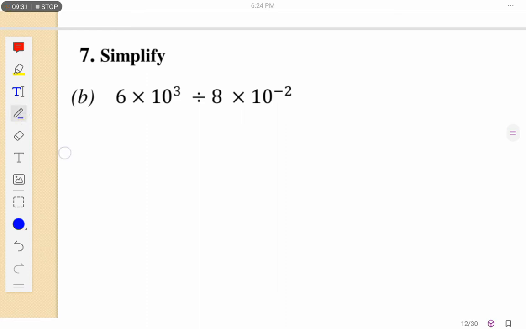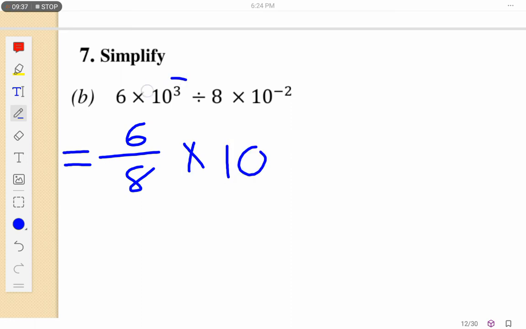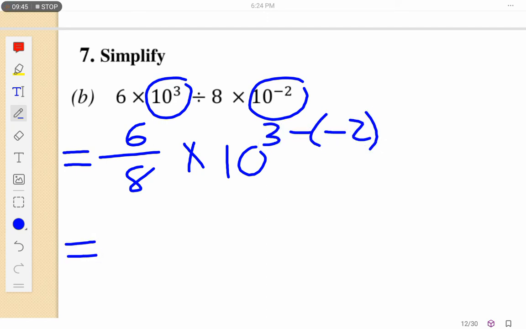This time we are dividing, so I can simply say 6 divided by 8 times 10 to the power of, these ones are dividing, so I can simply subtract them and say 3 minus 2 like that. Then 6 divided by 8, we get 0.75 times 10 to the power of 3 minus 2, we get 5 there.